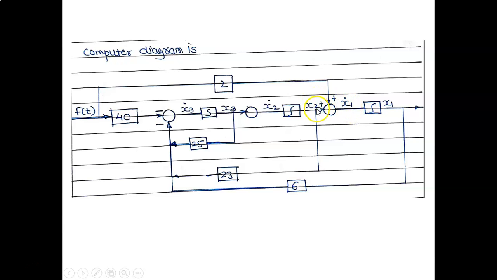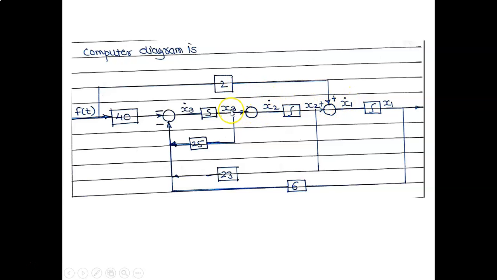And now x1 dot is equal to x2 plus 2 f of t. Therefore from f of t we take one signal and add a block having value 2. The sign of that block is positive, a positive feedback signal. Therefore x1 dot is equal to x2 plus 2 f of t.